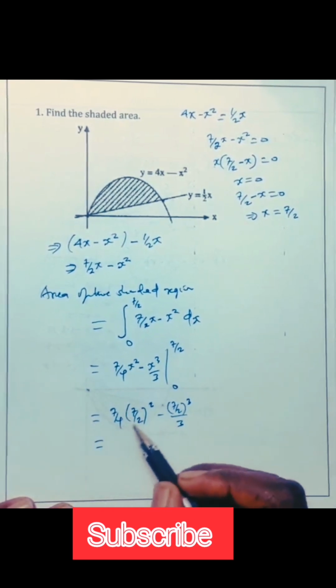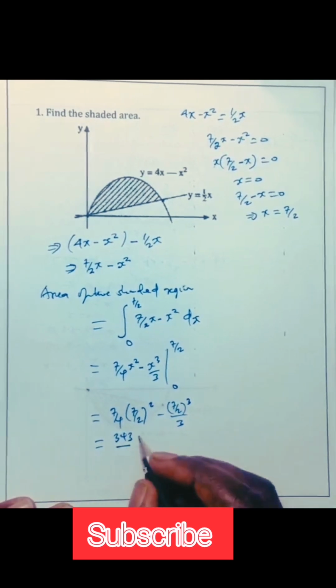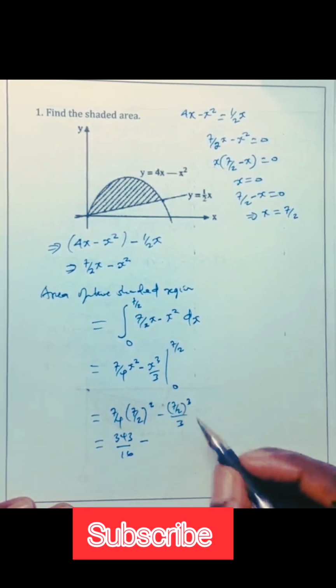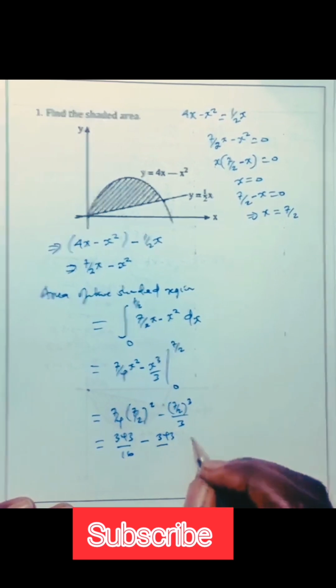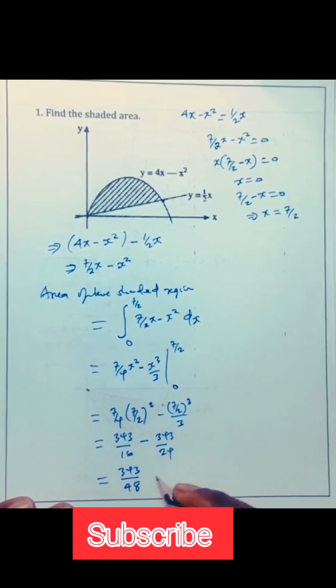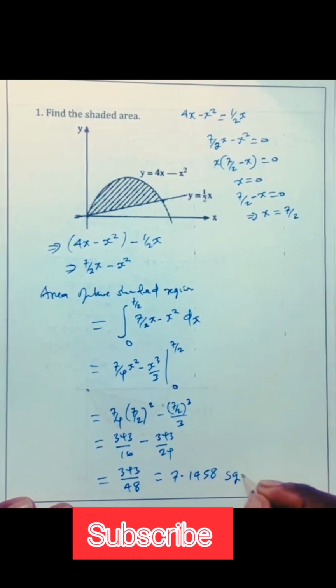If you simplify this side, you're going to have 343 over 16, and if you simplify this side, you're going to have 343 over 24, and if you get the difference, it's going to be 343 over 48. If you simplify that again, you're going to have 7.1458 square units as the area of the shaded region.